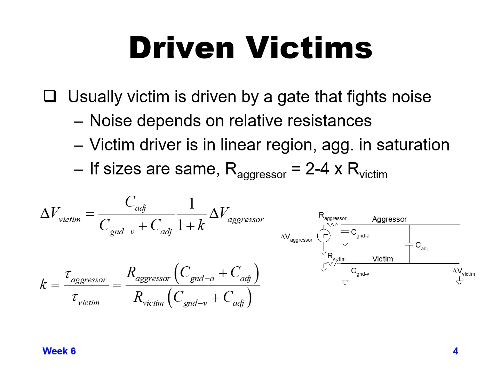That's a ratio of C adjacent to C ground plus C adjacent times a factor that's related to the aggressor strength versus the victim strength that's trying to keep the victim wire stable.